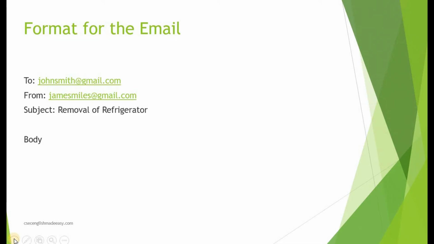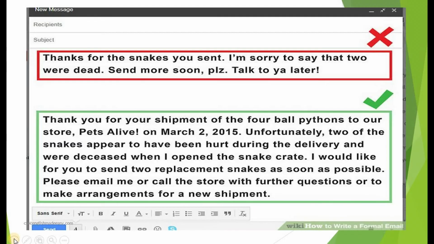Now, it's important to note that based on who you're sending the email to and what your email is about, that will determine the tone of your email, whether you are very formal or whether you are very casual. However, whether you are being formal or casual, you have to be careful, because you need to ensure that you're sitting an exam.